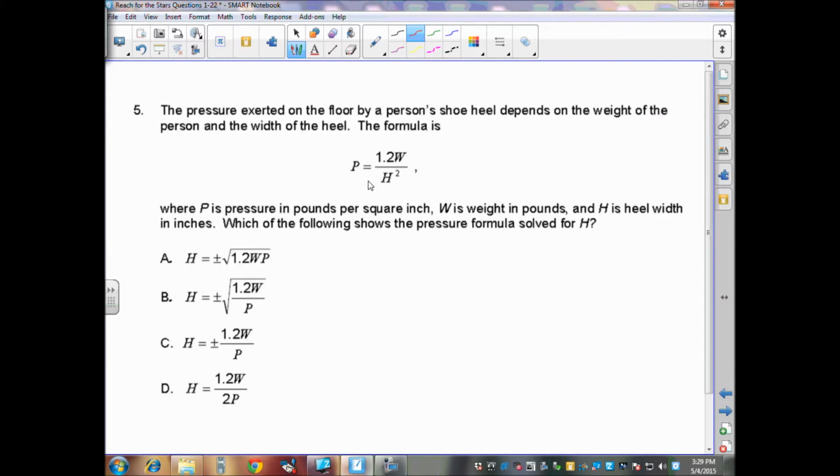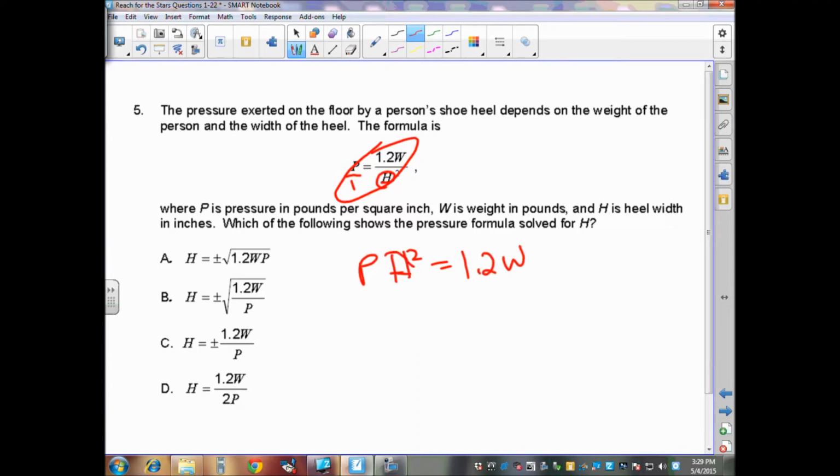All right, this one, we want to solve this formula for H. I notice that there is a proportion here, and we know with proportions we can cross multiply. So P times H squared is equal to 1 times 1.2W.